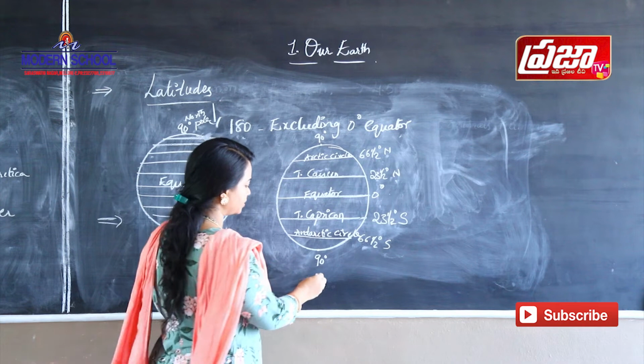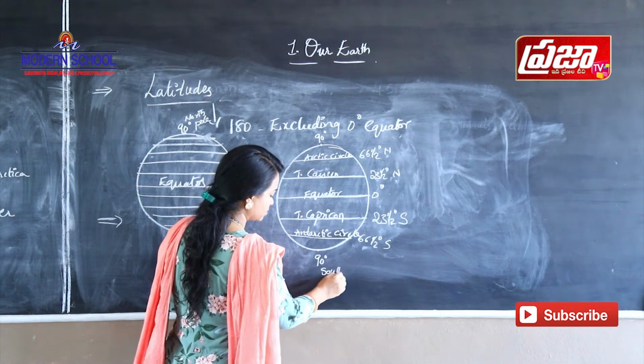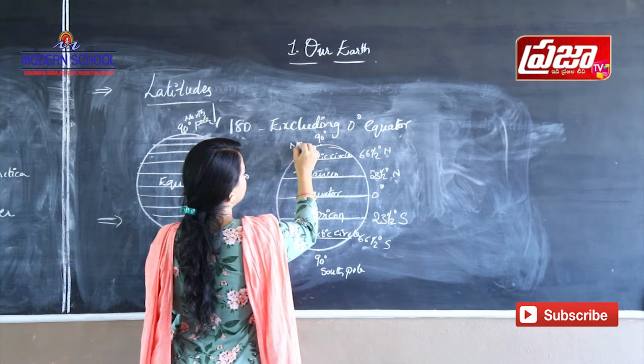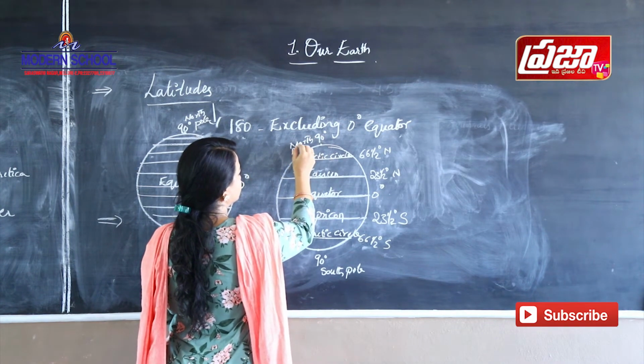And we have 90 degrees South Pole and 90 degrees in the northern hemisphere North Pole.